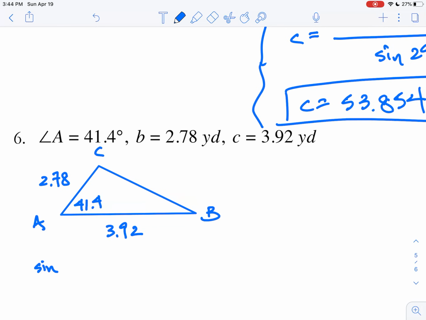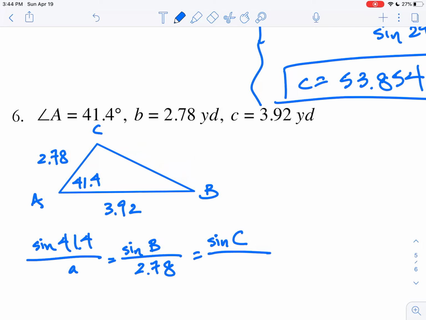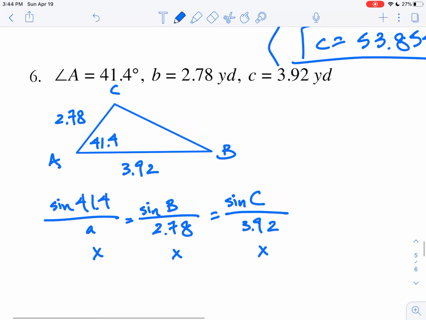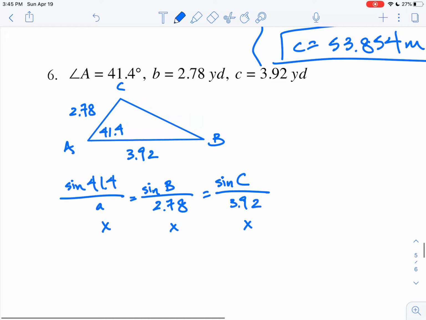So let's set up our triangle and see. Now, already I can tell that the first two are not full pairs, and this third one is not a full pair either. So what does that mean?